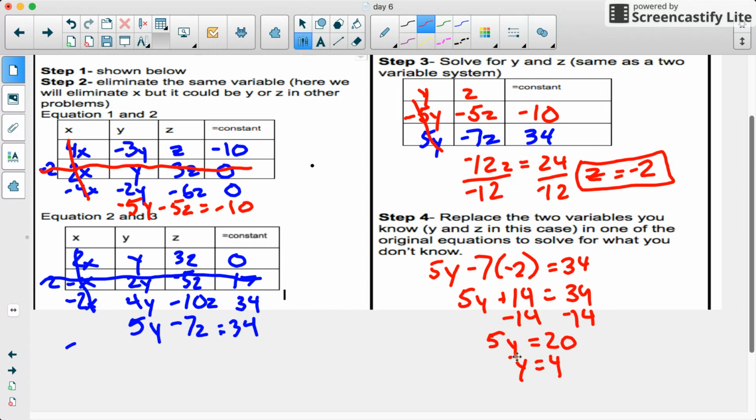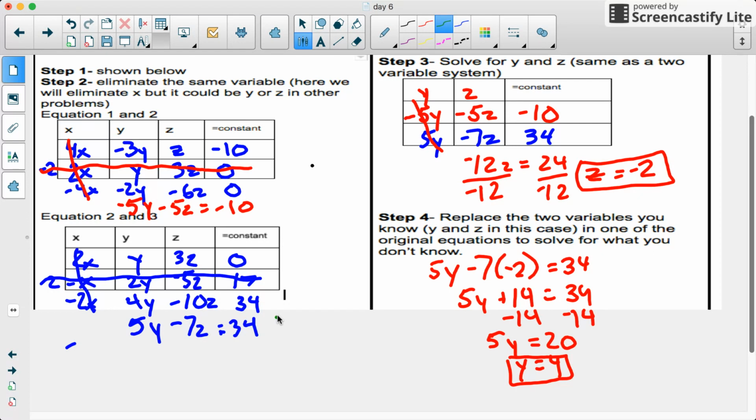So now I know z and I know y, and I'm going to plug those values into one of my original problems to solve for x. I think I used the second equation as my example. So the second equation was 2x plus y plus 3z equals 0. Let me put this last one in a different color.